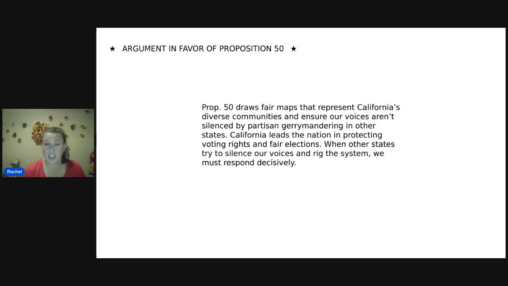California leads the nation in protecting voting rights and fair elections. I'll try to say it with a straight face. Forgive me if I can't. California leads the nation in protecting voter rights and fair elections. When other states try to silence our voices and rig the system, we must respond decisively.